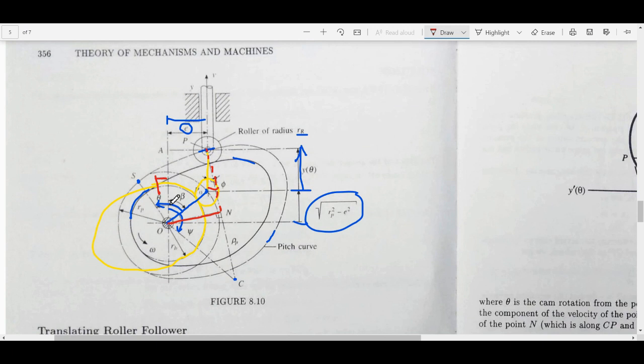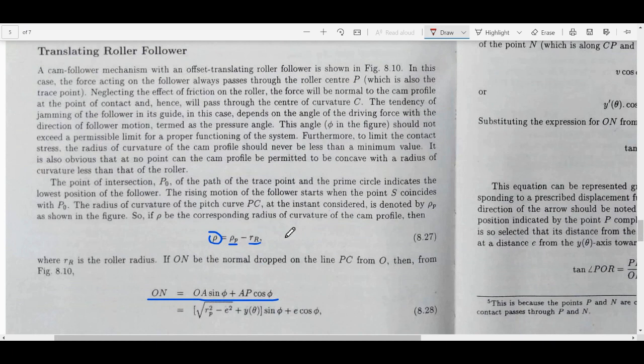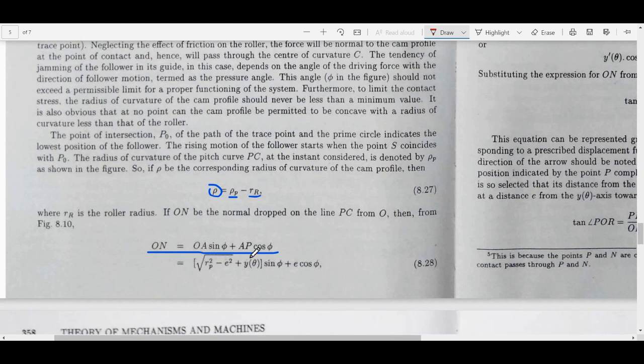And so we can reach this same horizontal extent, ON, by traveling from here and then coming like this. And so we have OA sin phi plus AP cos phi, but AP is E. That is why we have OA sin phi plus AP cos phi.